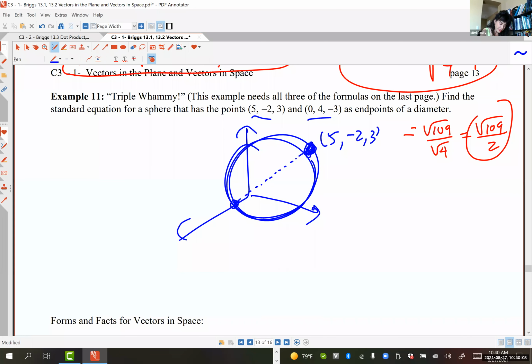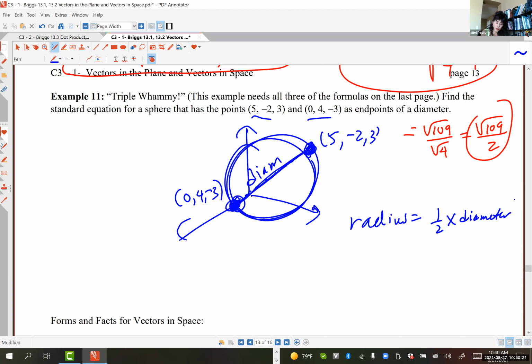So way over on the other side is this 0, 4, -3, like so, right? And this is not drawn with actual points. I'm just trying to be very quick here. So I hope you recall from your old geometry days that radius is always equal to half the diameter, right?